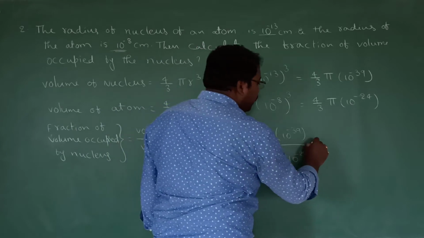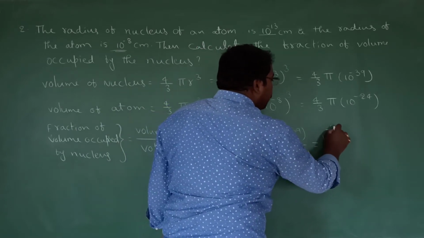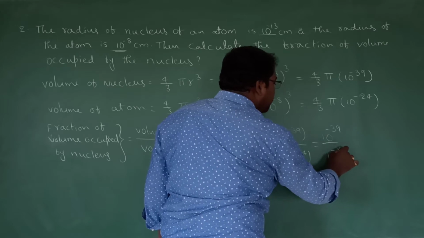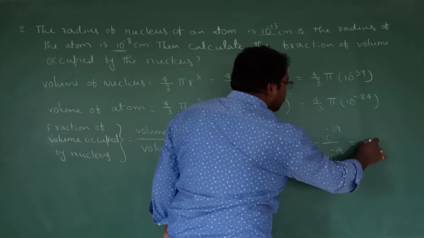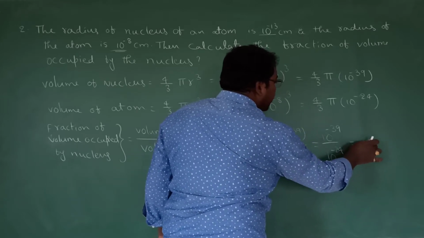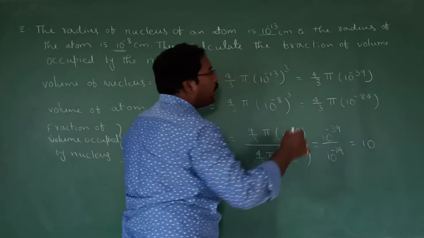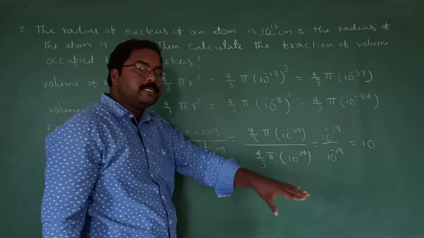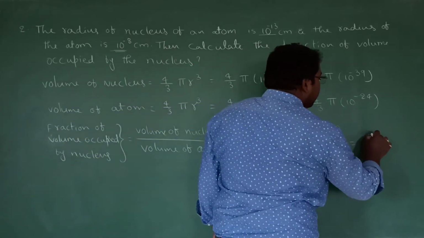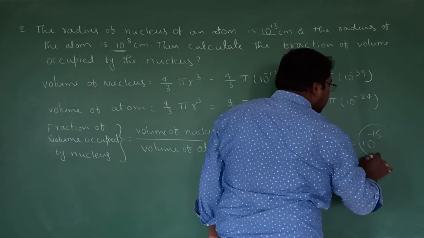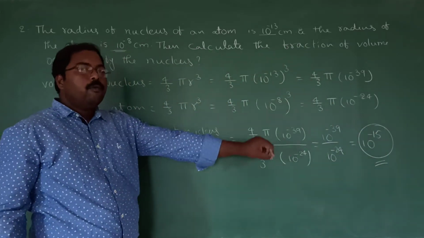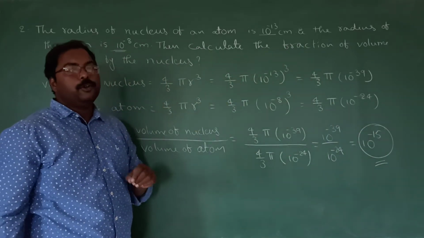When minus 24 comes to the numerator, it becomes plus 24. So 24 minus 39, that is 10 to the power minus 15. So this is the fraction of volume occupied by the nucleus.